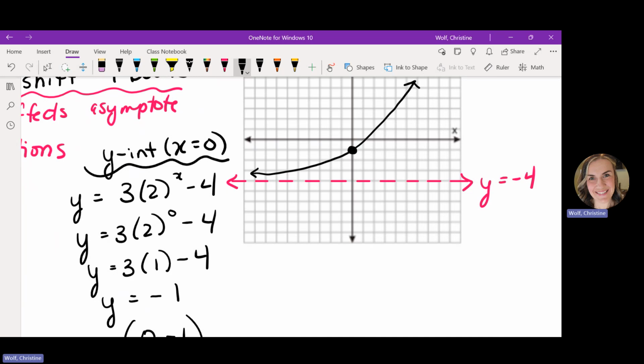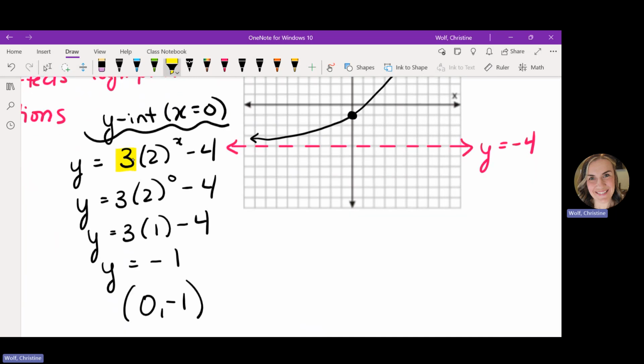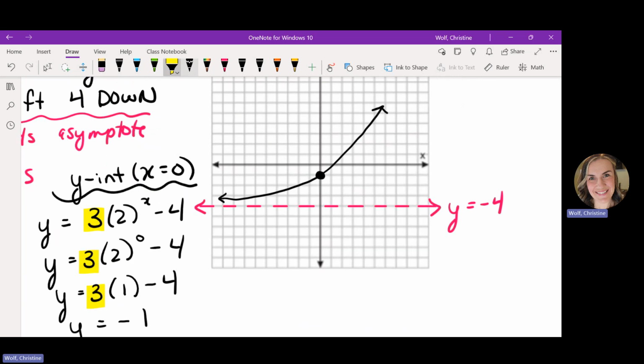Now there is a vertical stretch by 3 with curves. Those are hard to see, but just trust that when we did all this work, we multiplied it all by 3. So we did apply the stretch. It's just hard to actually see on the graph. So these are really the only 2 things I care about when you're graphing. Well, obviously I care about the direction. You have the right direction too, but the y-intercept and the asymptote are very important.